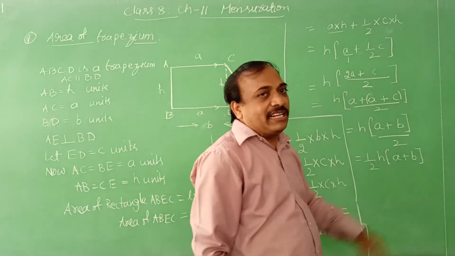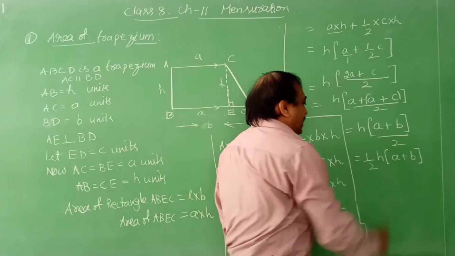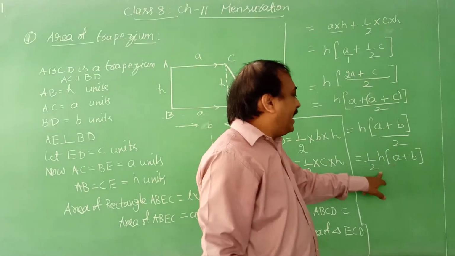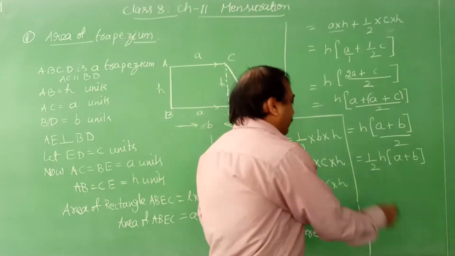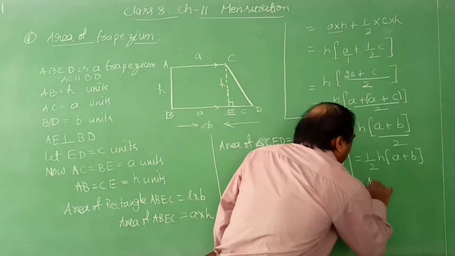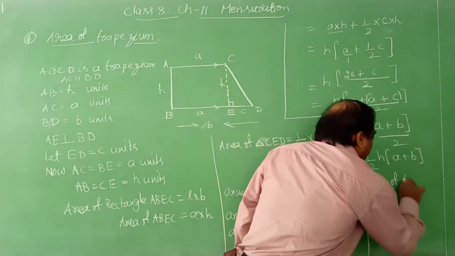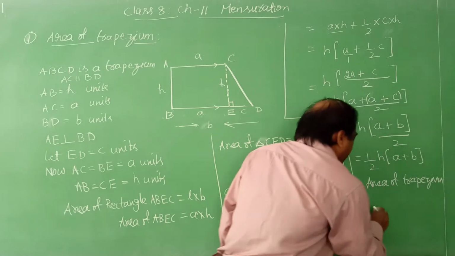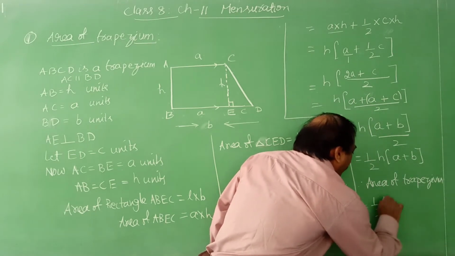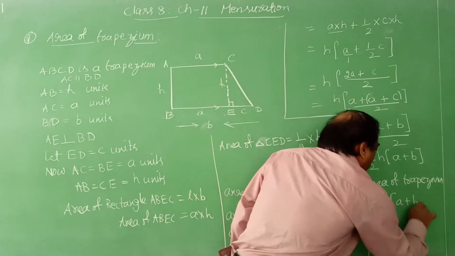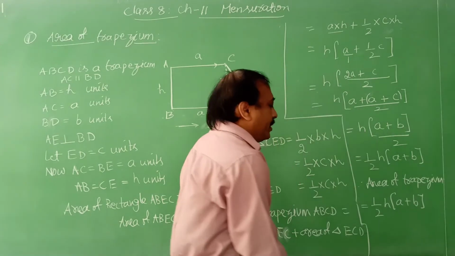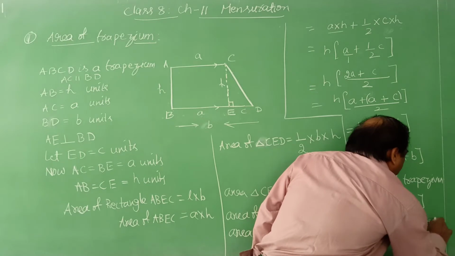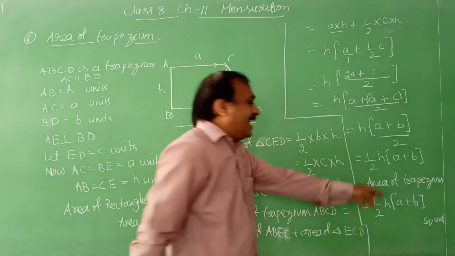A and B are parallel sides. Half H into A plus B. Therefore, area of trapezium is equal to half H into A plus B square units. What is this A and B?